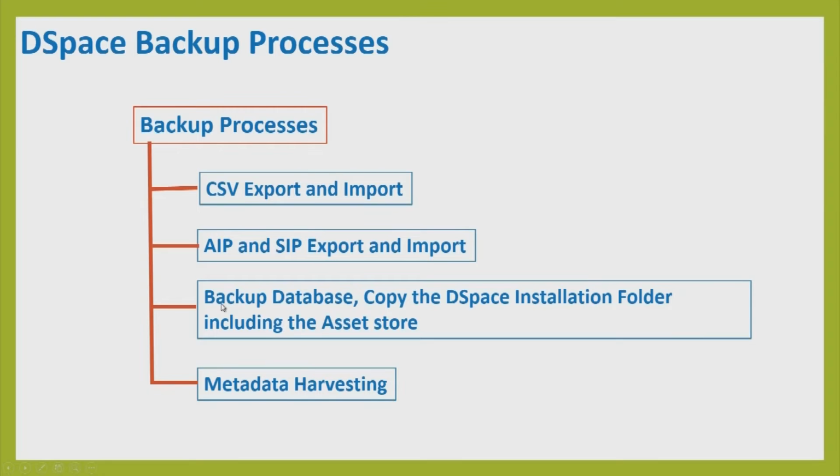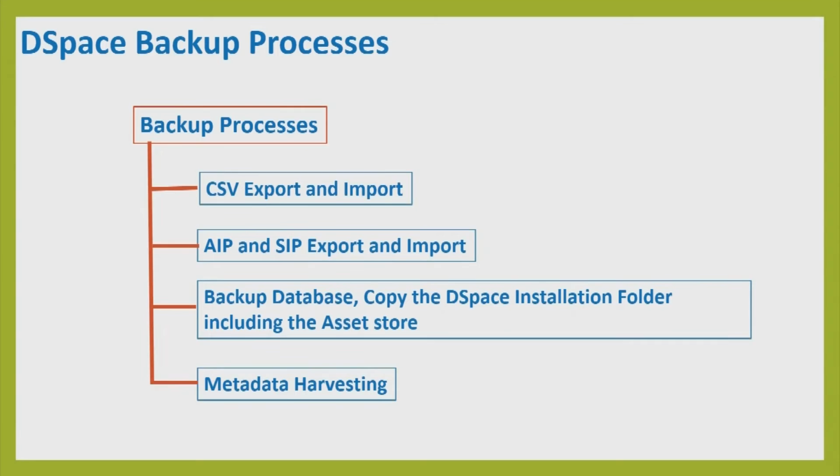Next, a very good process is to keep a physical backup of the whole content, that is, back up your DSpace database and copy the DSpace installation folder. For example, in my case dspace_inst is the installation folder.